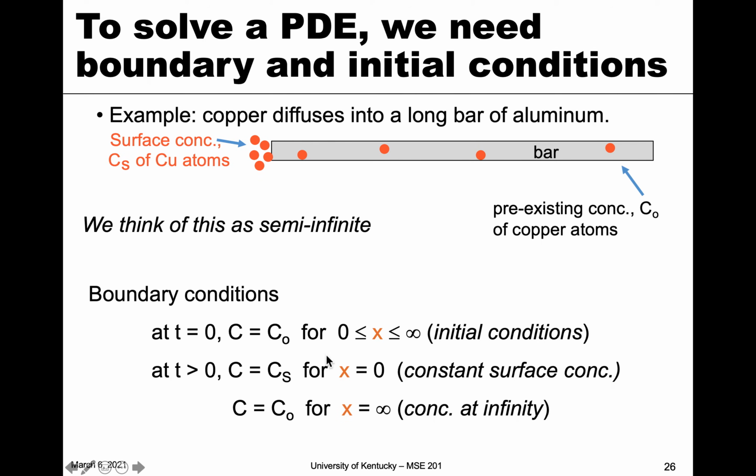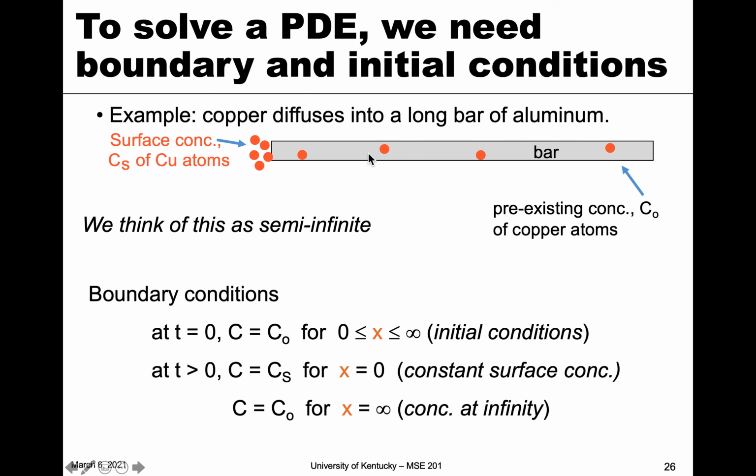And so what happens when x equals 0 or x equals infinity? So if we're really close to the end or really far away. And so we're going to look at a situation where we solve it for what's known as a semi-infinite bar.